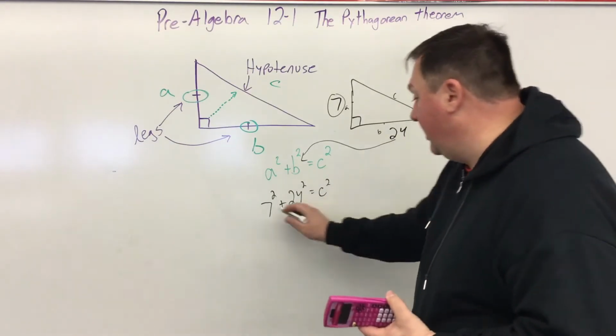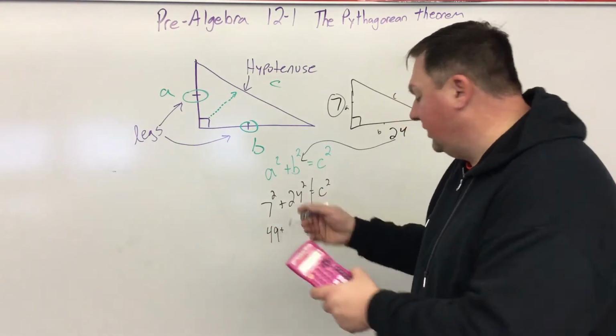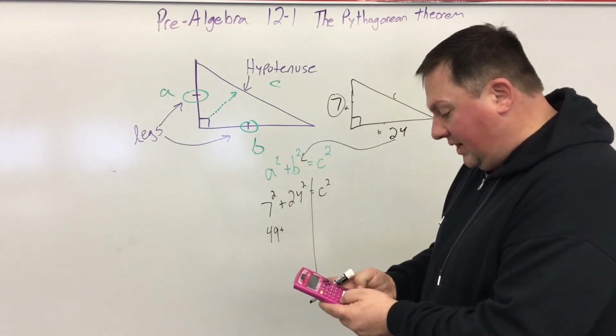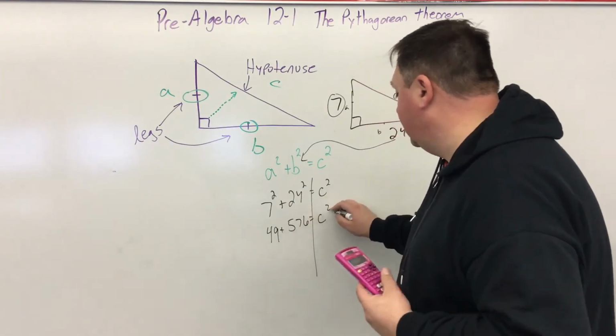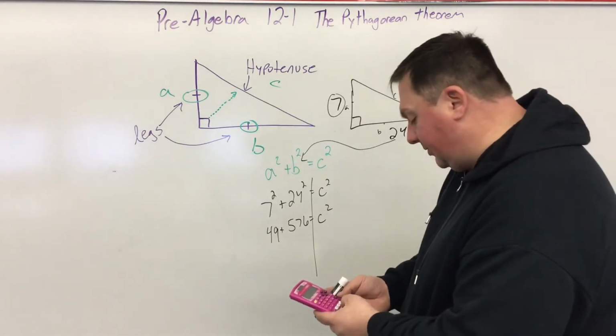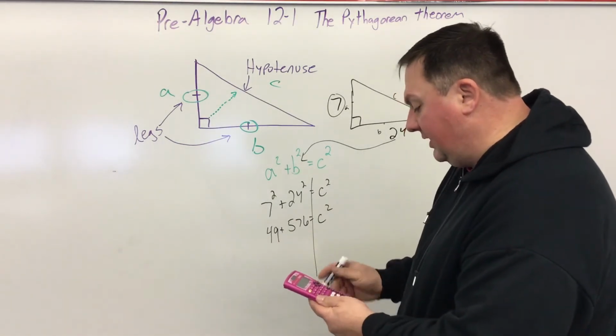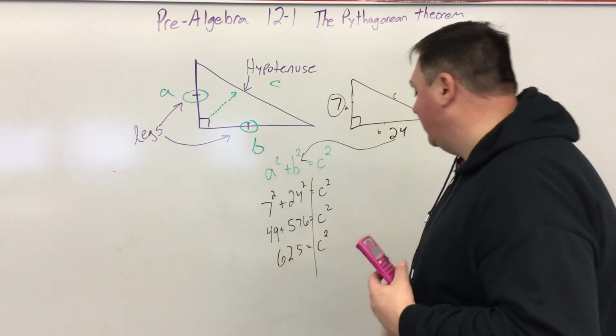So using your calculator, you're going to do 7 squared, 49, plus 24 squared is 576, equals C squared. Now we have to combine, or add those numbers up. So 576 plus 49 is 625 equals C squared.